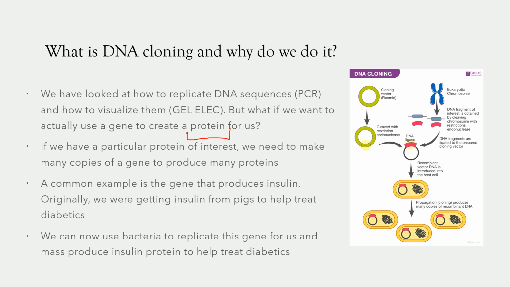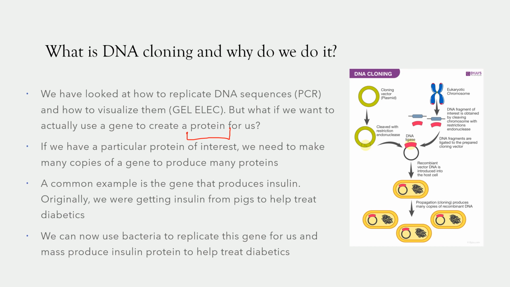If we have a particular protein of interest, for instance, insulin is the example we're going to use today, let's say that we want to produce a mass amount of insulin. We need to make many copies of that gene to produce many proteins. Originally we were getting our insulin from pigs to help treat people with diabetes.